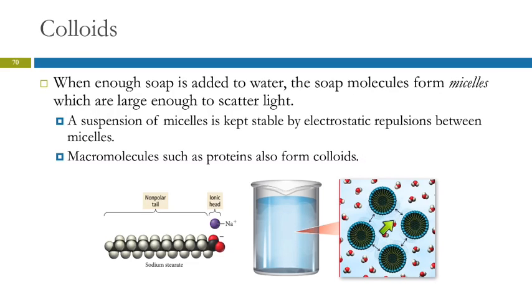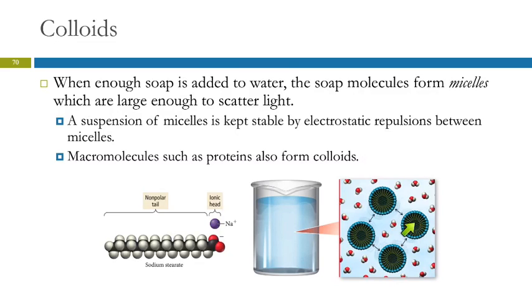The polar heads interact with the water just fine. The nonpolar tails don't like the water, and the water doesn't like them. But soap can wash away greases and oils because these nonpolar tails like the grease and the oil, and so they get encapsulated in the soap and then they can be washed away.